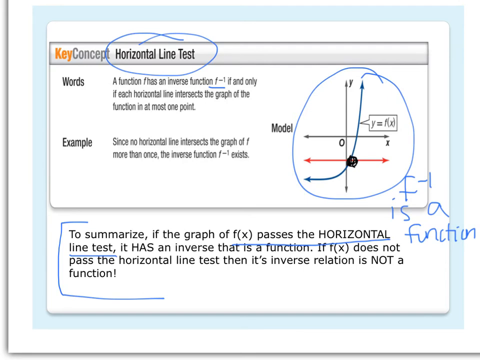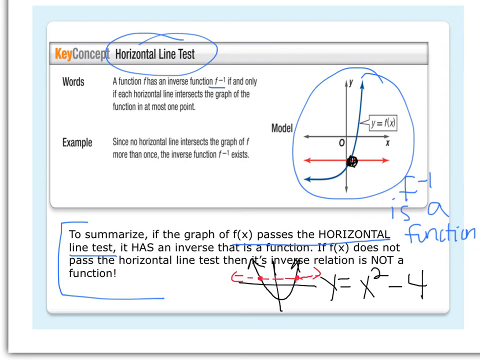To give you a better example, the graph we had on the previous slide was y equals x squared minus 4. If we test that function using the horizontal line test, it does not pass, because a horizontal line intersects the graph of f in more than one spot.